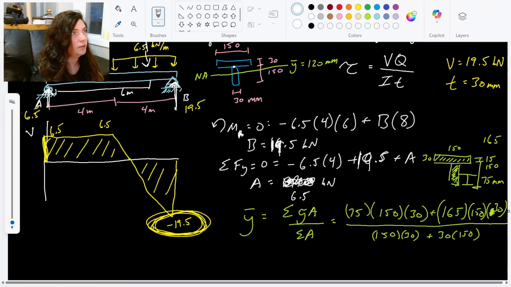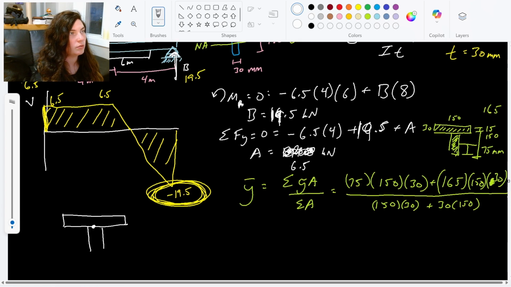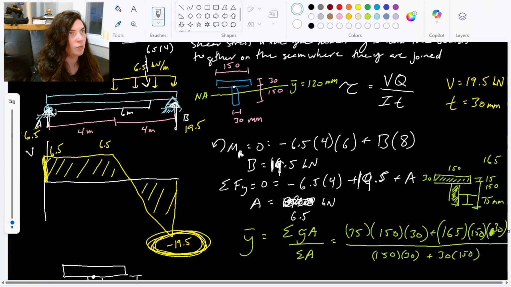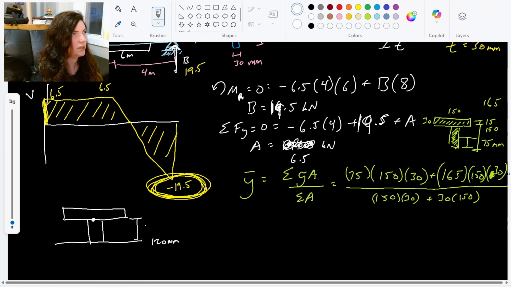So our Q, if you remember, is just that portion above the point of interest. And our point of interest is right here, right where those two boards join. Our neutral axis is 120 millimeters up. So that would make this distance, let's see, this is 150 tall, so 150 minus 120, this is 30 millimeters.